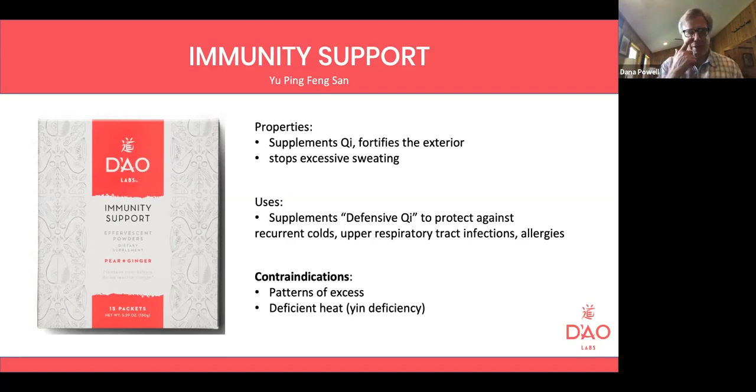This formula can be used very commonly, but at its base, it is a qi supplementing formula. It has one herb in it, fang feng or Saposhnikovia, which drives out wind. But it's really designed for patterns of deficiency.